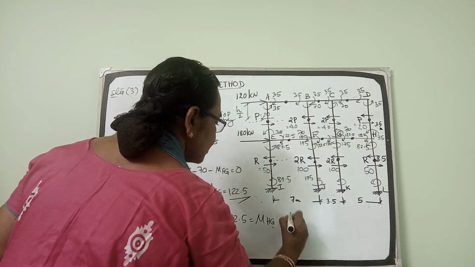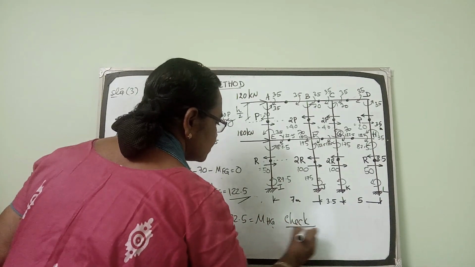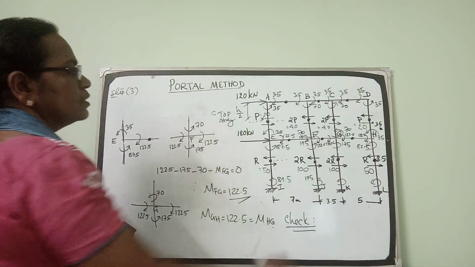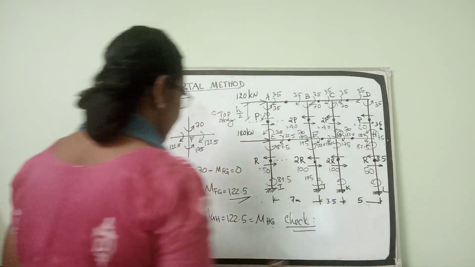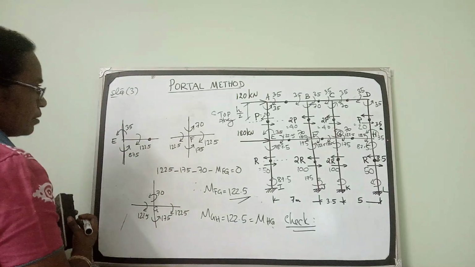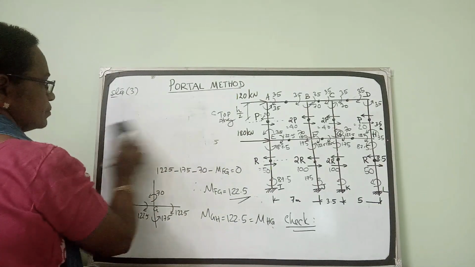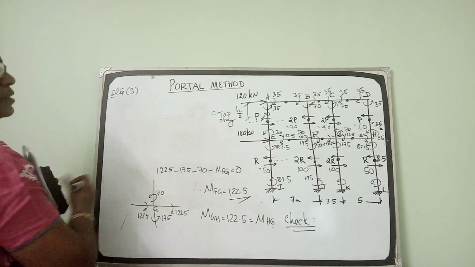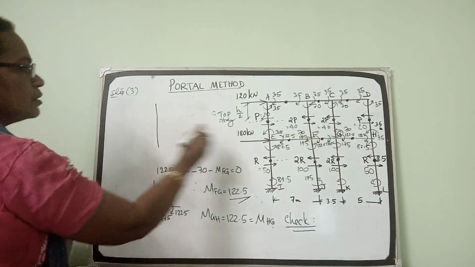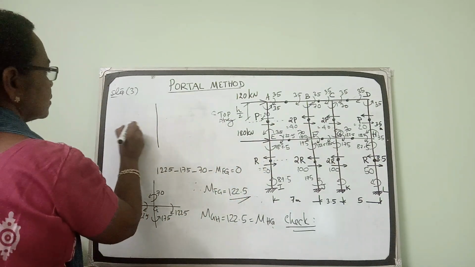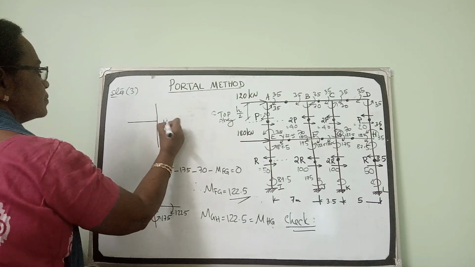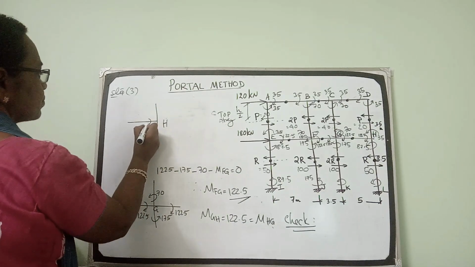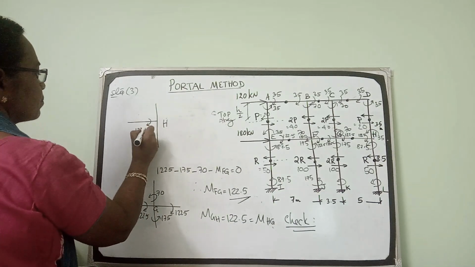Now we can check whether this is correct. Come to joint H. In the joint H, in this beam, it is 122.5.